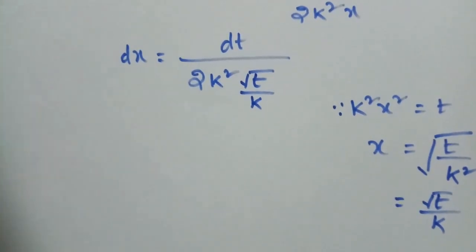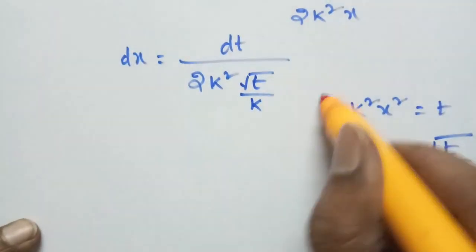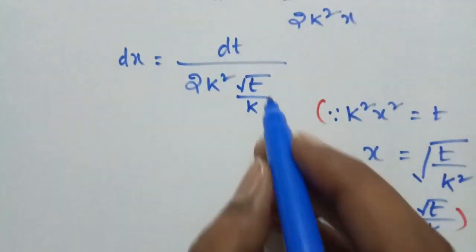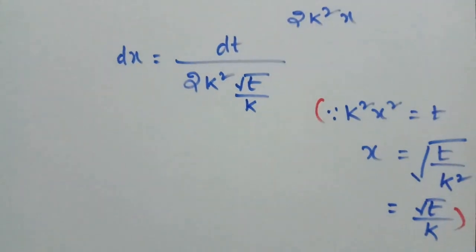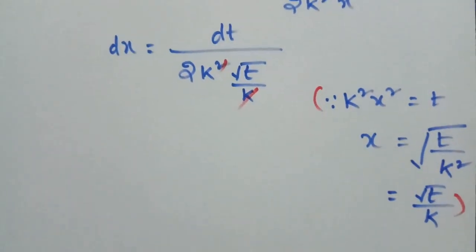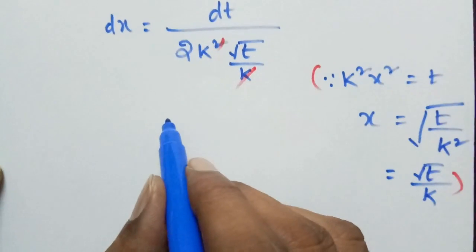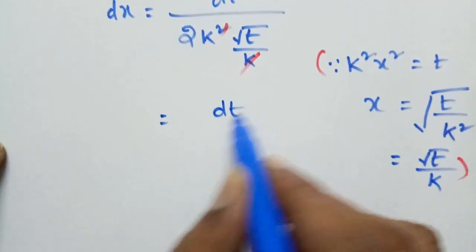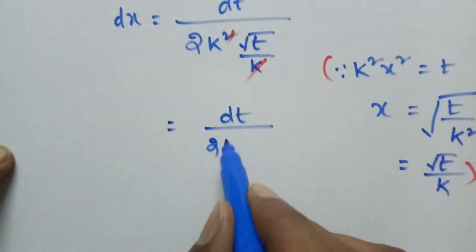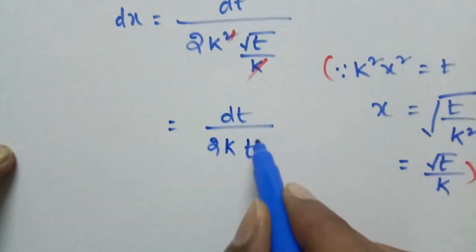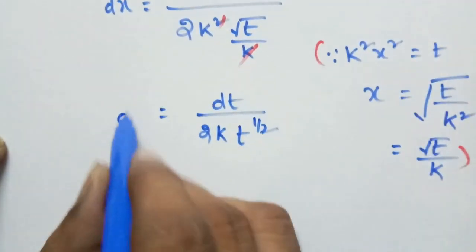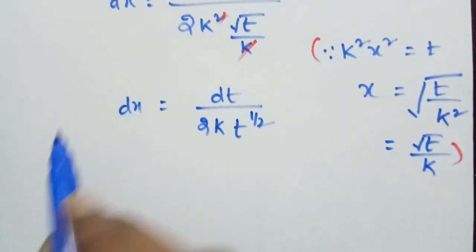Now k gets cancelled. Therefore this is equal to dt by 2 into k into t to the power of 1 by 2. This is dx.